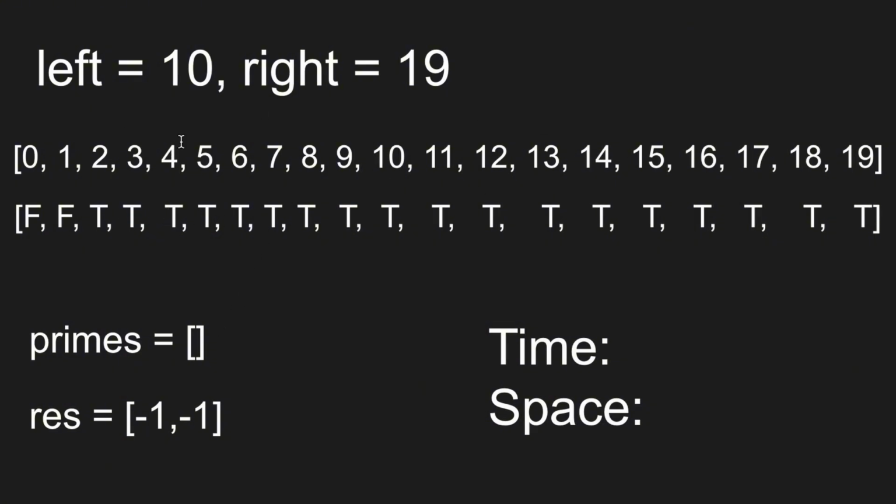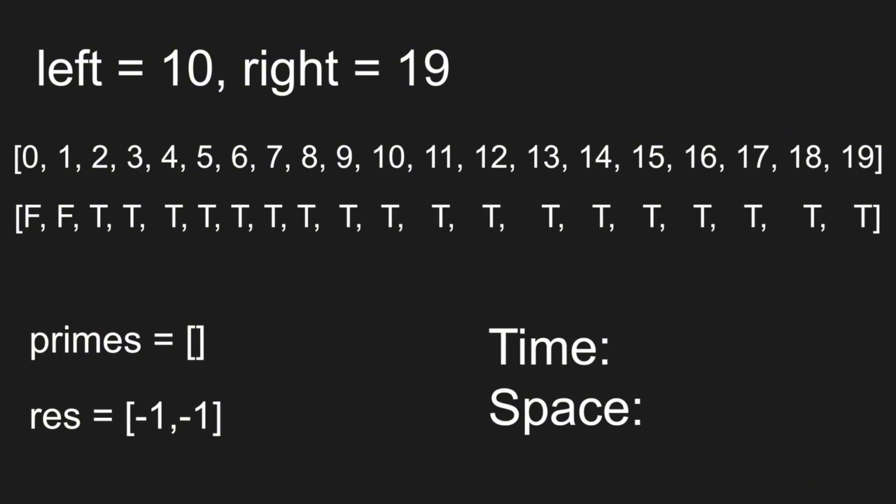Once we have iterated all the way to the square root of whatever is on the right, for all the numbers that are still true and also in the range between left and right, we will add them to the primes array. Then in the end, we will look at whichever two numbers have the smallest difference and add that to the result. And if we don't have two prime numbers, then we will just return -1 and -1.